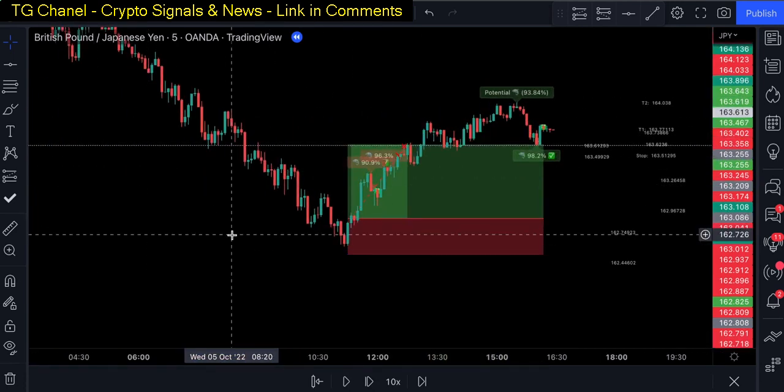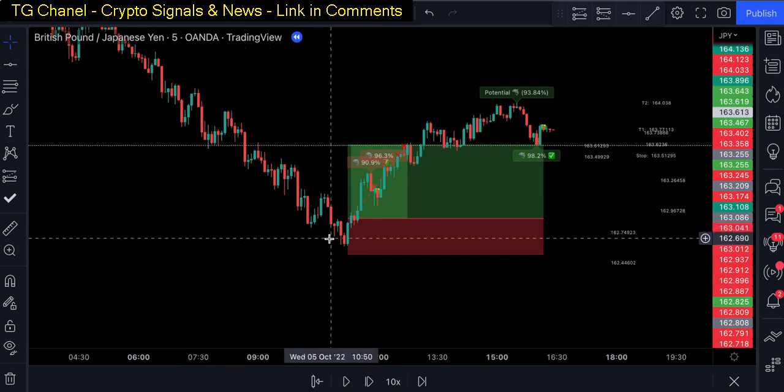Also notice how well this indicator gave us a signal to buy at the very bottom. So yeah, this indicator is indeed really good. So let's test it 100 times to find its true win rate.